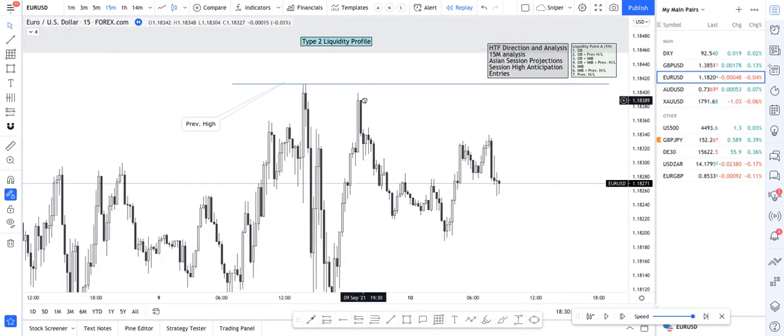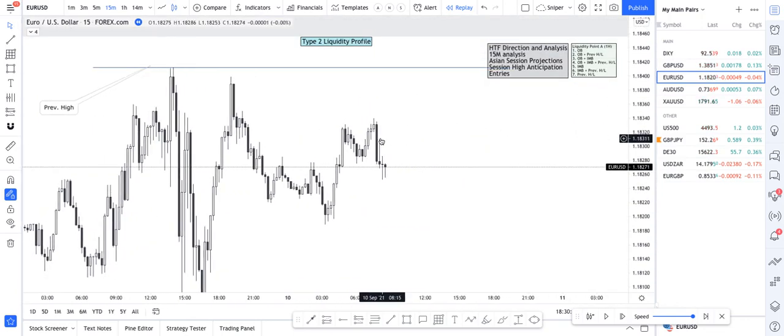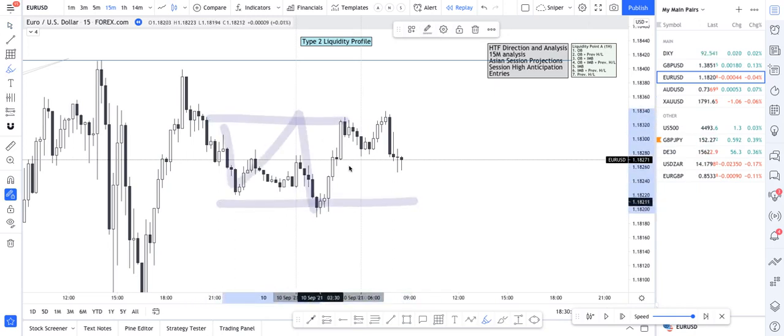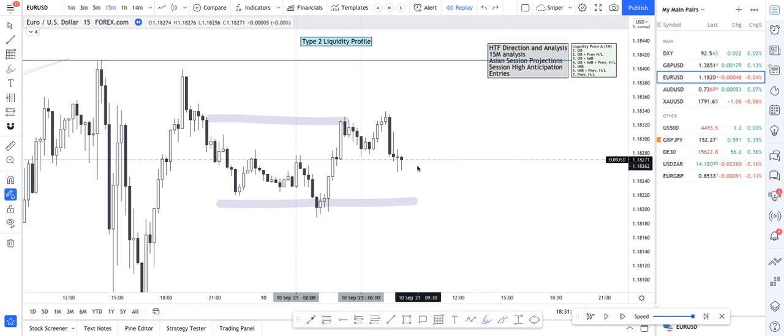Now we're looking at our Asian session, which is 6 o'clock to 2 o'clock. That is the Asian range. It's not trending, it's moving more sideways. All of this price action is just moving sideways, with a bit of range expansion, but it's just moving sideways.